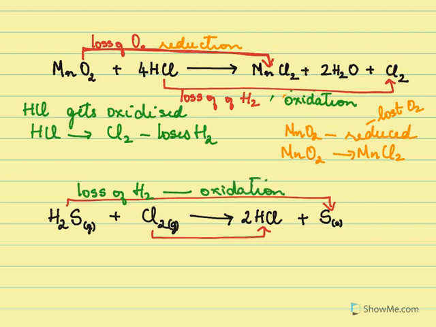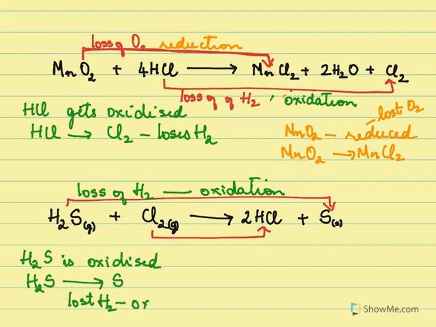So here I can say H2S is oxidized. Why do I say it is oxidized? Because H2S has turned into S, and in doing so it has lost hydrogen, and loss of hydrogen is oxidation. So I say H2S has undergone oxidation.